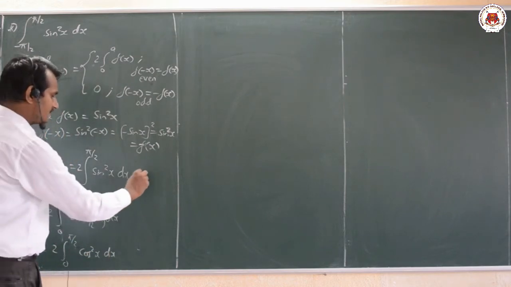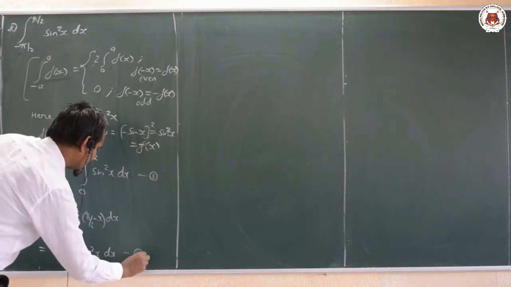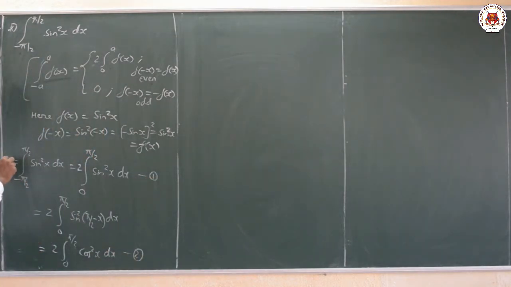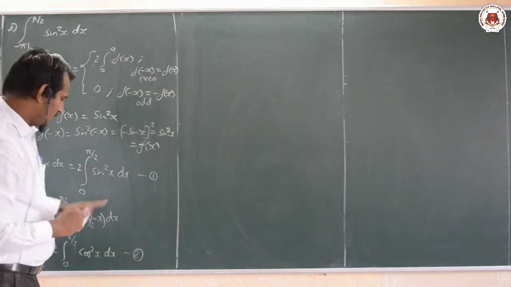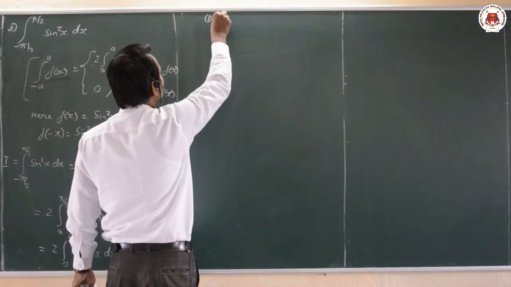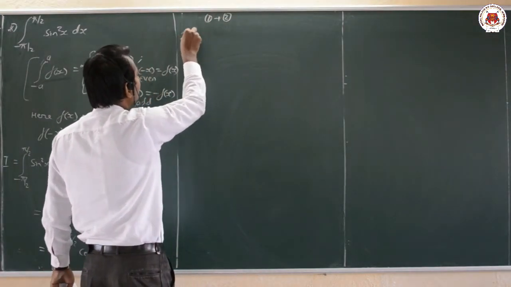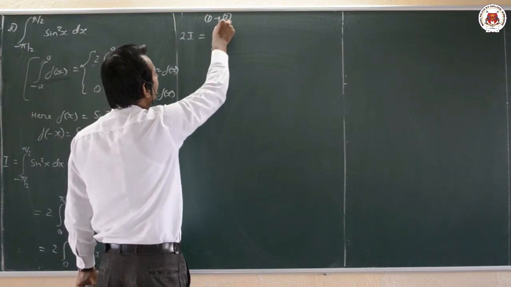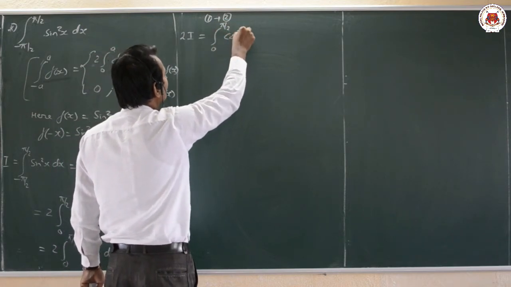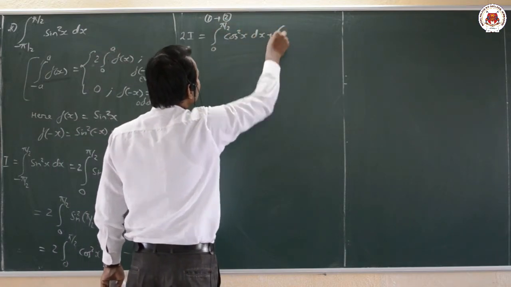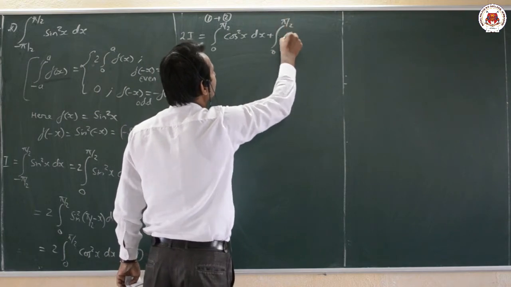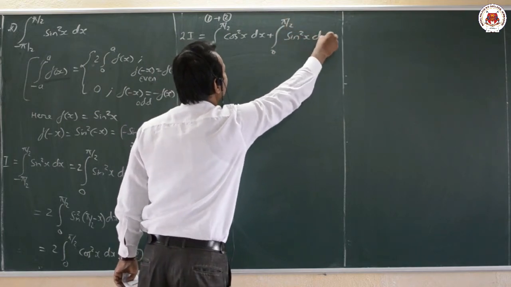Take the first value as equation 1 and this as equation 2, and let us take it as I. Adding 1 and 2, I plus I means 2I, equals the integral from 0 to pi by 2 of cos square x dx plus the integral from 0 to pi by 2 of sin square x dx.